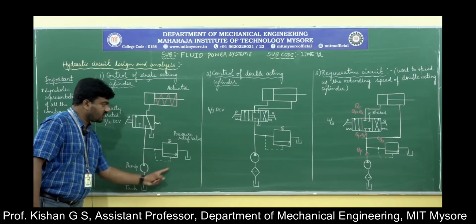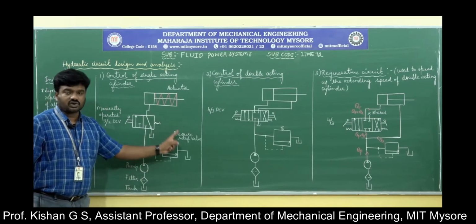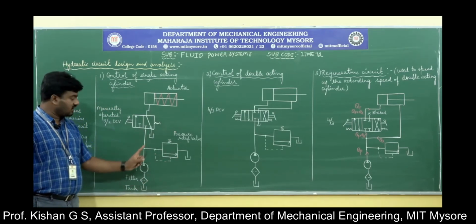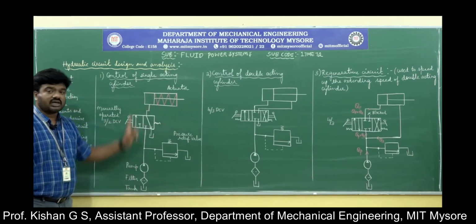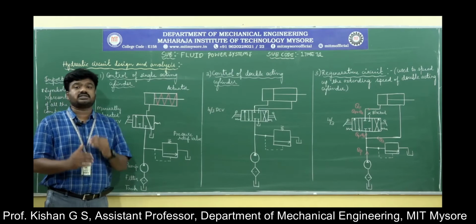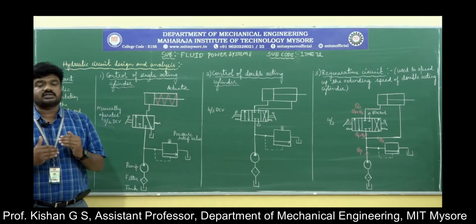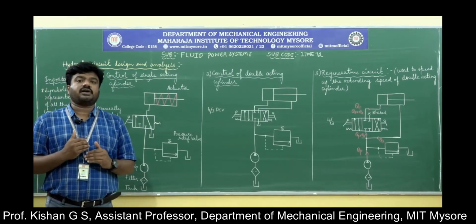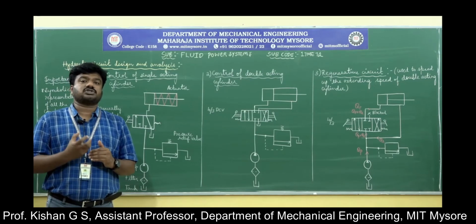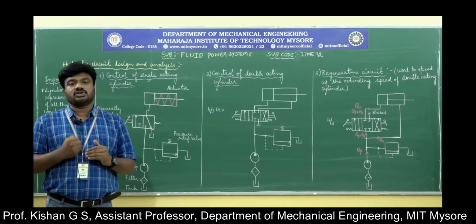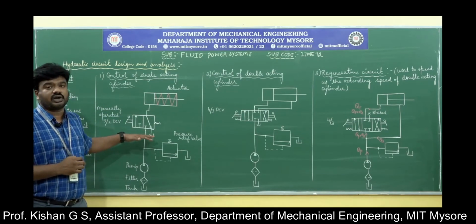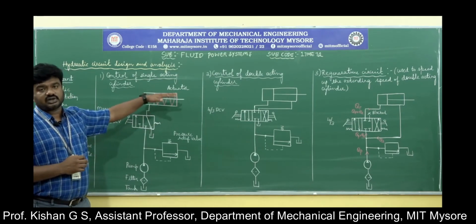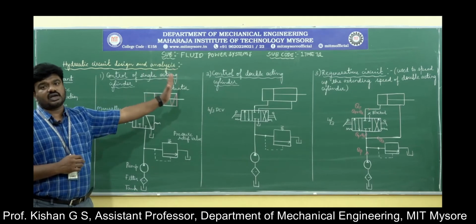Then what is the role of the pressure relief valve here? The role of the pressure relief valve is such that, for the fluid flowing from the pump into the system, if the pressure of the fluid exceeds the system pressure or the limit pressure, at that point of time the pressure has to be removed from the fluid so that only the optimum or desired set pressure of fluid reaches the actuator and leads to the performance of the actuator.